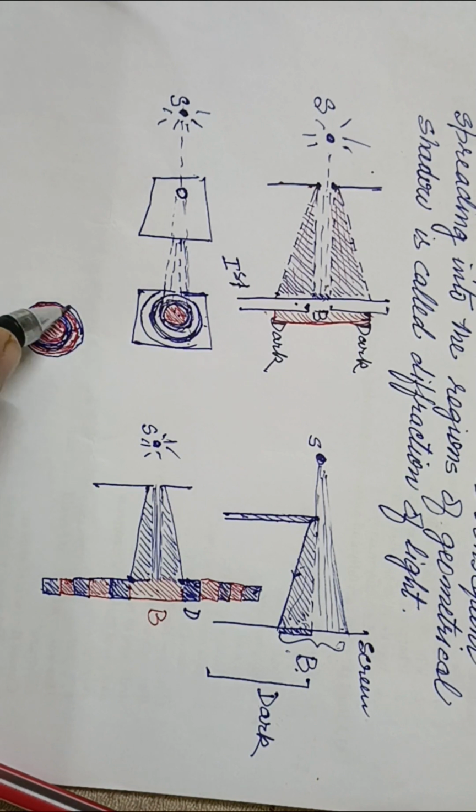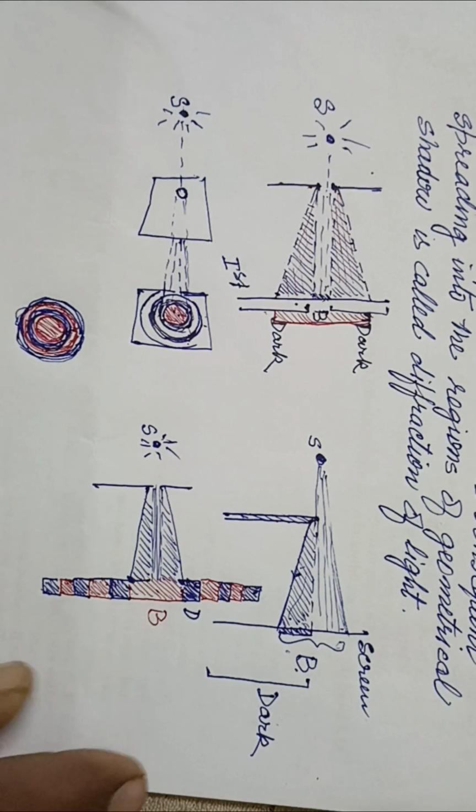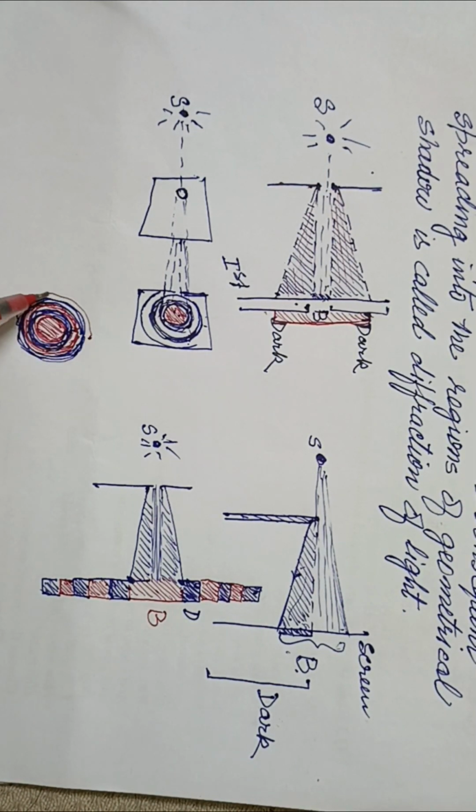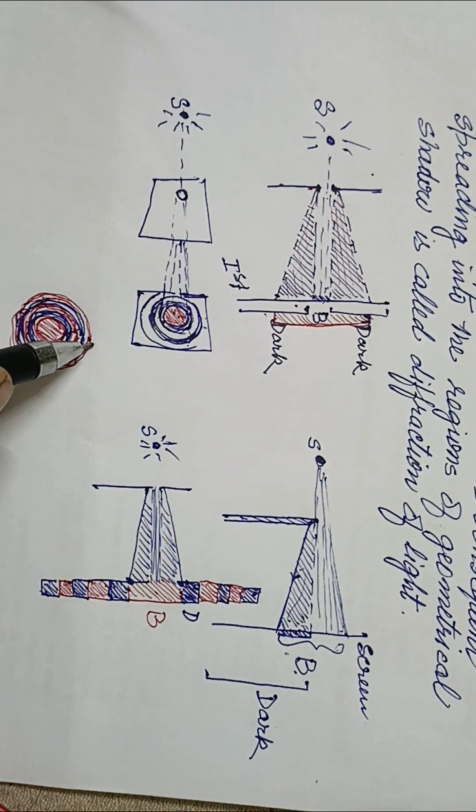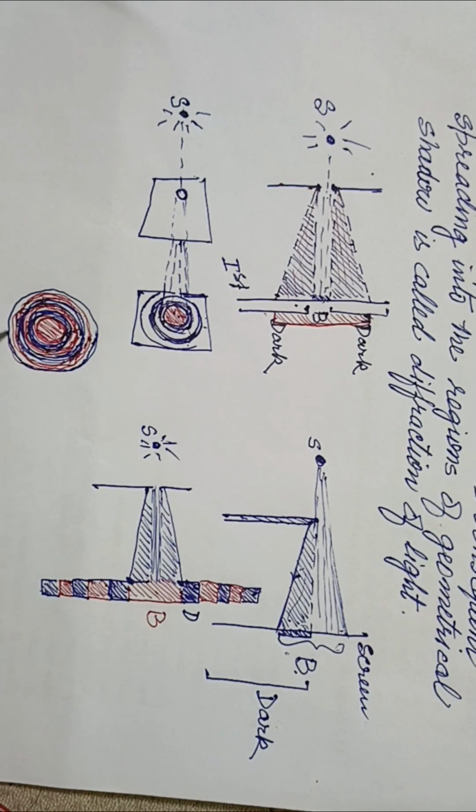Then again the bright patch, darker patch, then again a bright patch like this. Then again you will get a dark patch. So this way the fringes are generated.